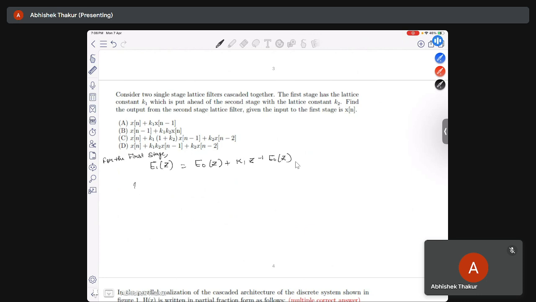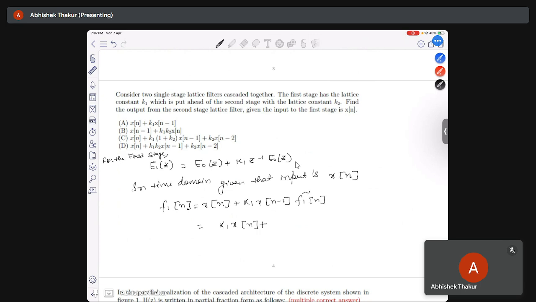So in the time domain, given that the input is x[n], f1[n] = x[n] + K1 x[n-1], and g1[n] = K1 x[n] + x[n-1].